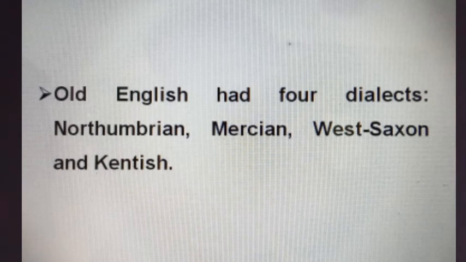Next is another important point. Old English had four main dialects: Northumbrian, Mercian, West Saxon, and Kentish.